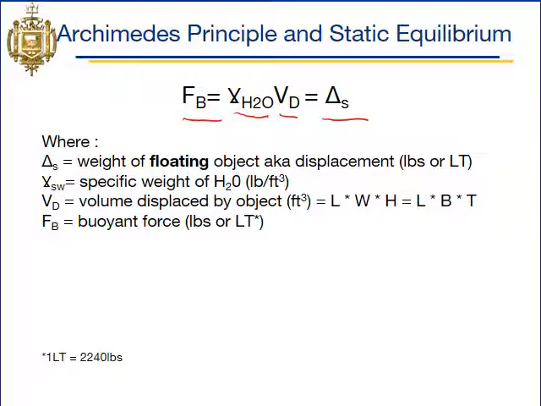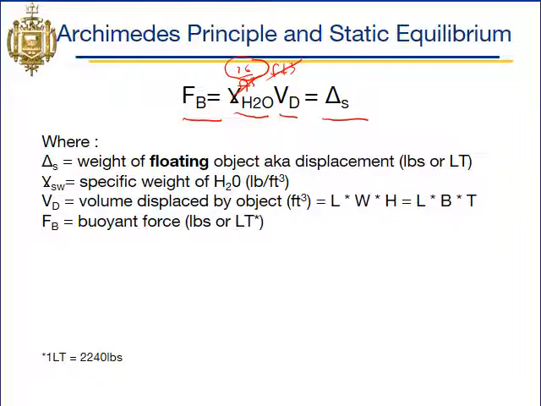So we can say the buoyant force is equal to the specific weight or unit weight of water times the volume. If we do a unit check here, our gamma is in pounds per feet cubed, and our volume would be in feet cubed, right? So these would cancel, and we'd be left with pounds as units, and we know that pounds is a force, so our equation checks out.